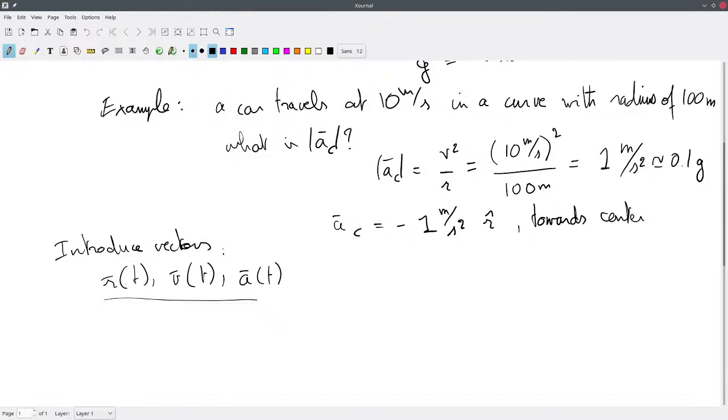So first what we're going to do is introduce the angular velocity, the angular frequency. Both terms are used.